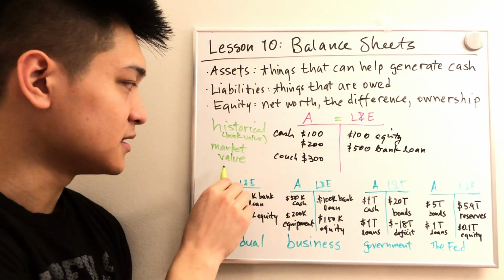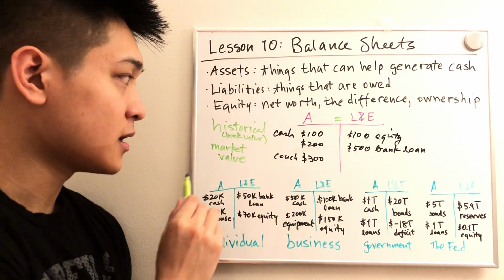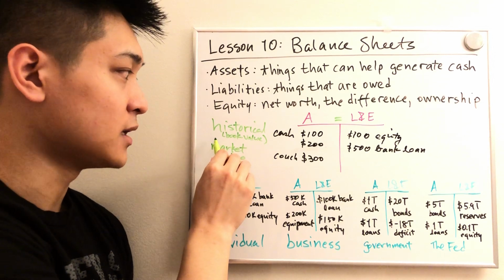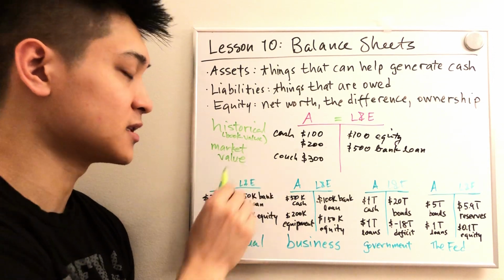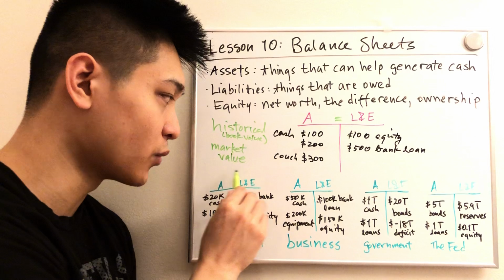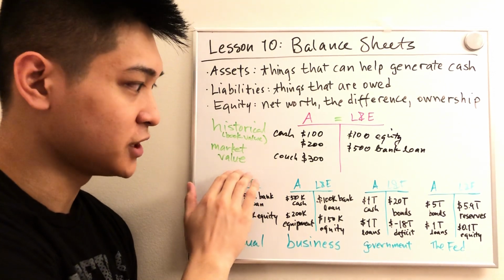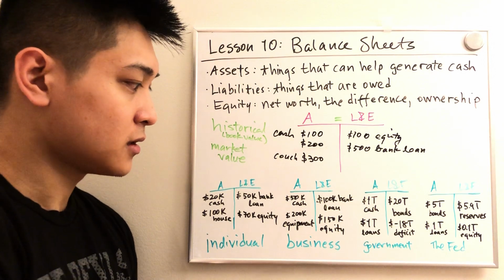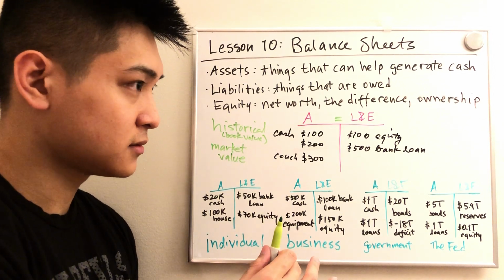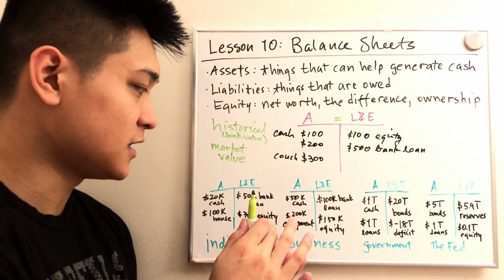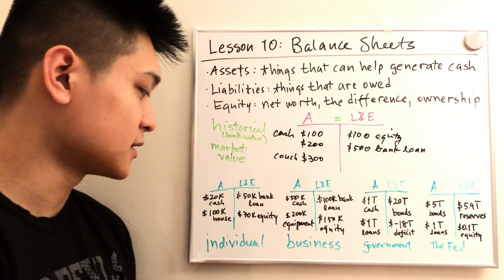And so this is more of a fickle item. It's very easy to look and see what has happened. It is much harder to predict what will happen in the future, but that is what a market value balance sheet reflects: the value of things currently if they were to be sold in the market.